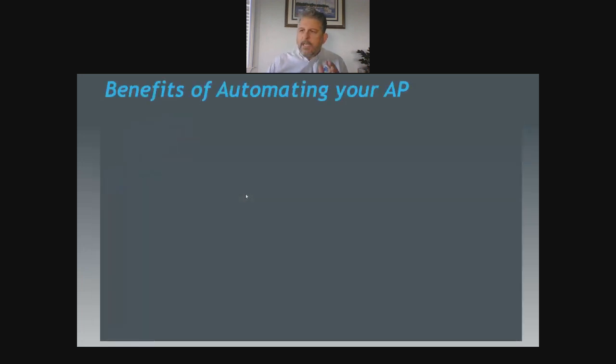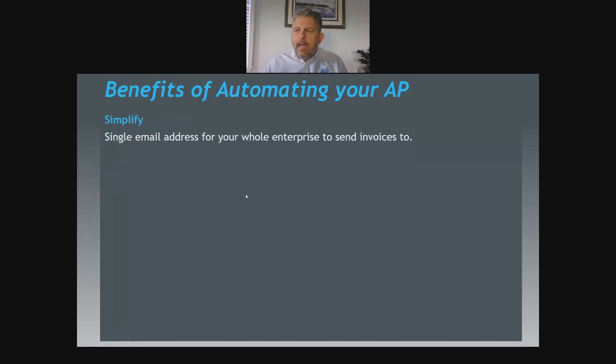Okay. So just a couple of the benefits of automating your AP. Obviously simplifying the things you do, to pull that data in from all of your hotels. Factura will give you a single email address to be able to send all of your invoices across your whole portfolio.